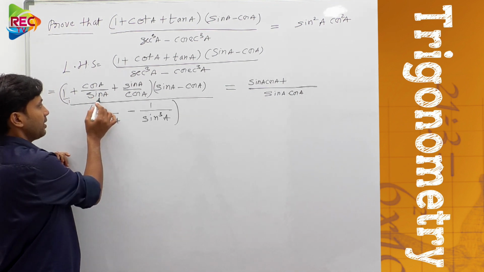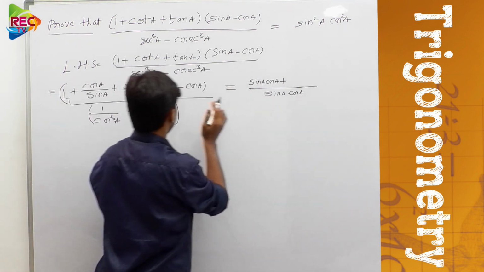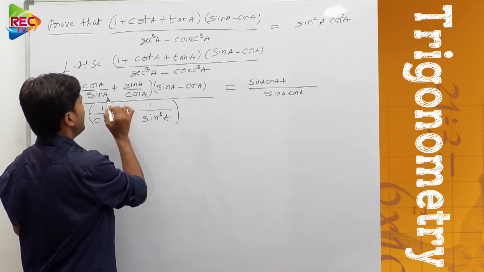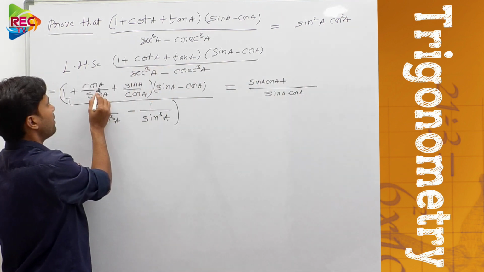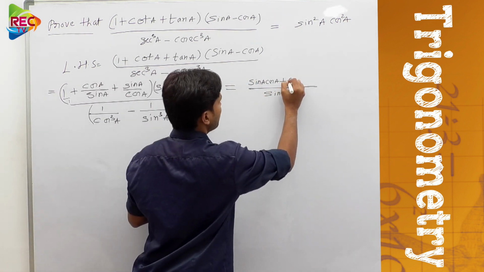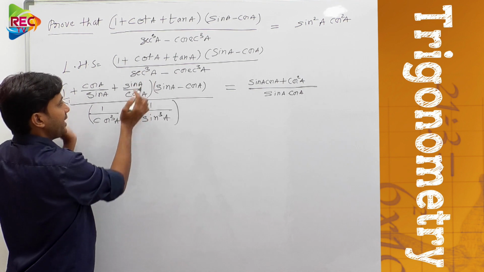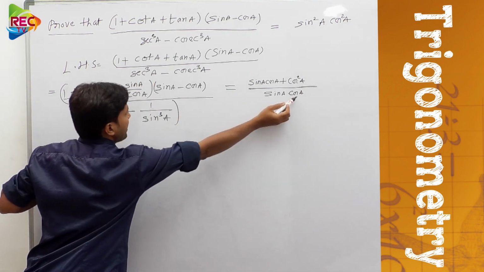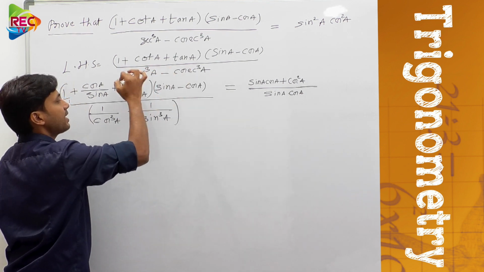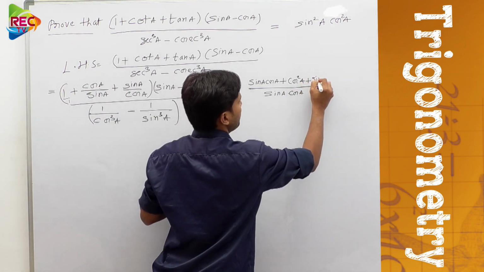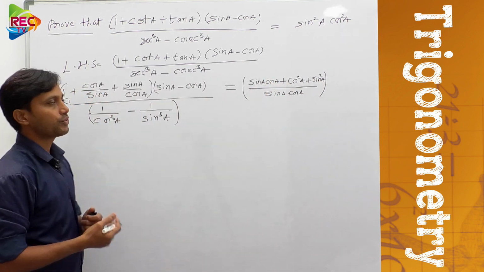Next, dividing sin A cos A by sin A, the quotient is cos A, which multiplied with cos A gives cos square A. Now the last fraction of this bracket: dividing sin A cos A by cos A, the quotient is sin A, which multiplied with sin A gives sin square A. So this is how we solved the first bracket.